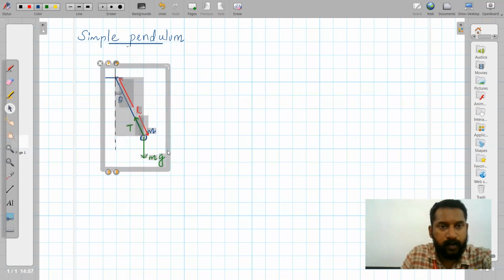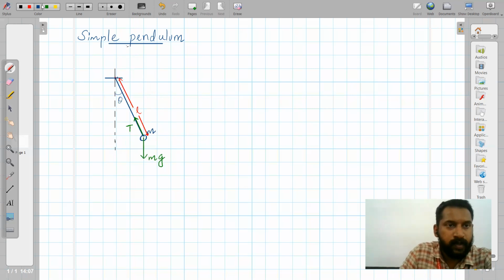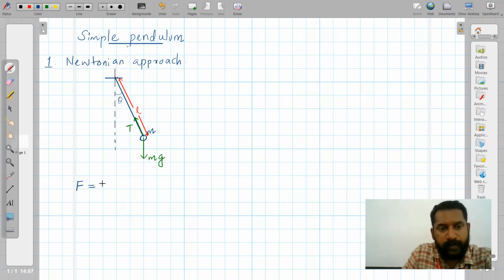So, the first approach is, of course, the Newtonian approach. Newton's equation is F equals ma. It is actually for linear motion.